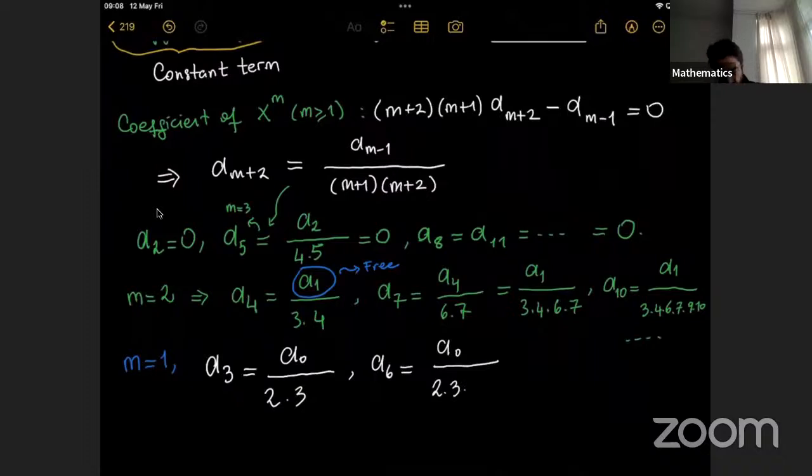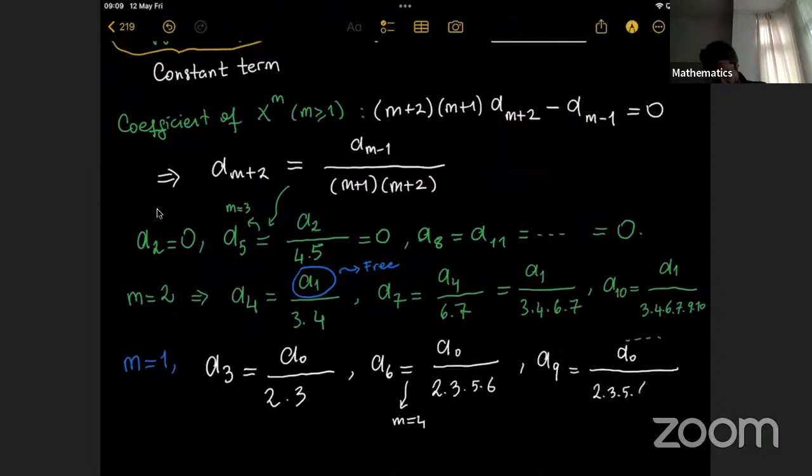And you continue this. A9 is, for instance, A6 over, where A6 is A0 over 2, 3, 5, 6.